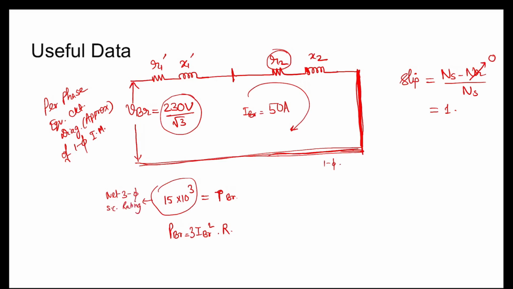So this is P_BR net, which is 3 I_BR square R. Now I_BR is 50, given. So now coming to the solution, I_BR square into R into 3 for all the 3 phases is 15 kilowatts.